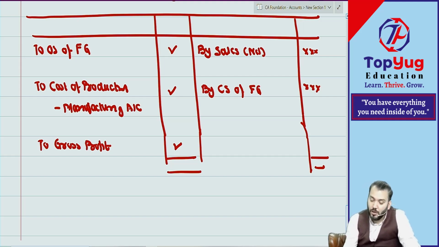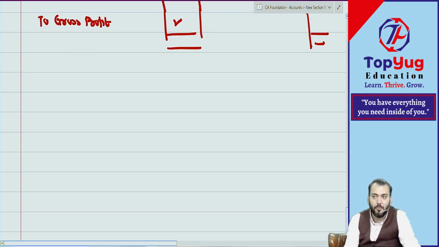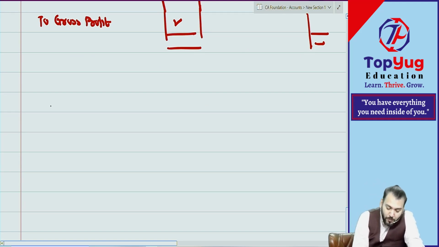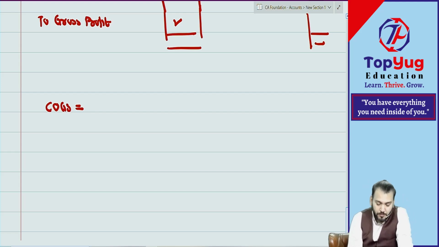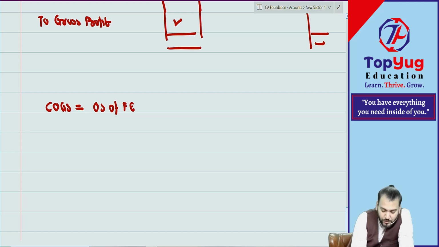Correct? Yes, sir. Now, if I ask you one formula, can you give me the formula? What is the formula of cost of goods sold for this organization? Opening stock of finished goods plus cost of production minus closing stock of finished goods.